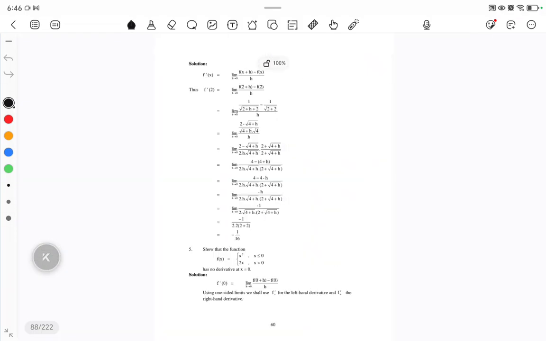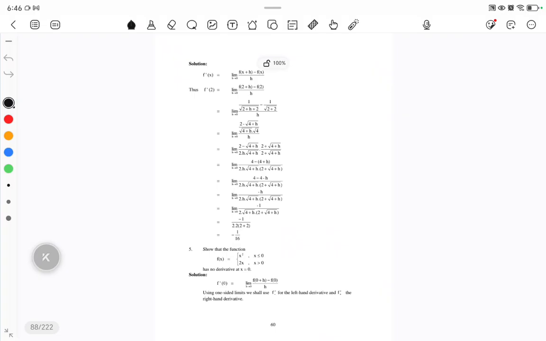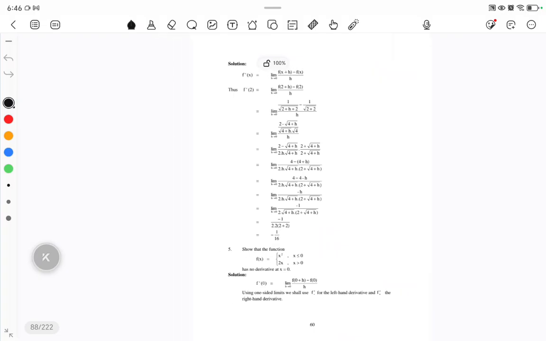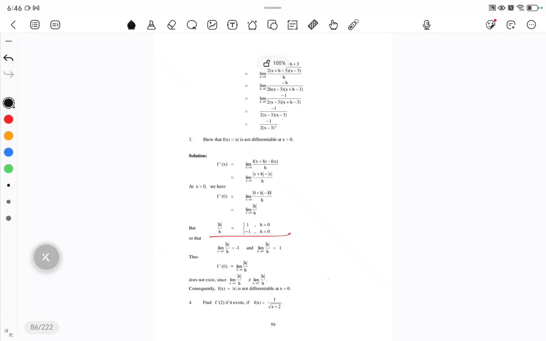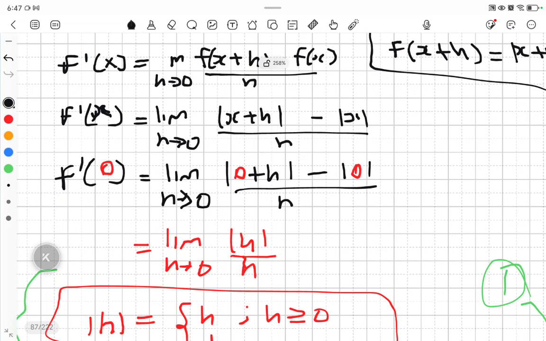So let's come to the second question. What's the second question? Yeah, the same: find if f prime of 2 exists. You see what I was saying, that term had started by plugging 0 on x.